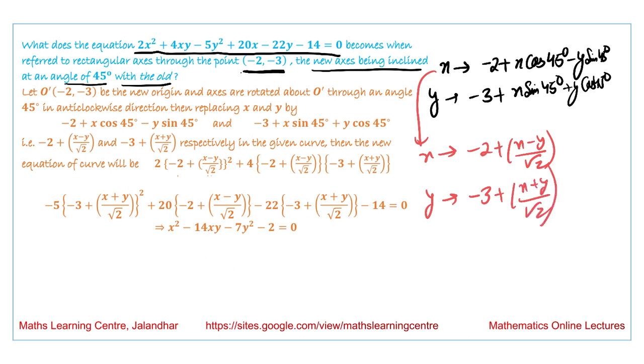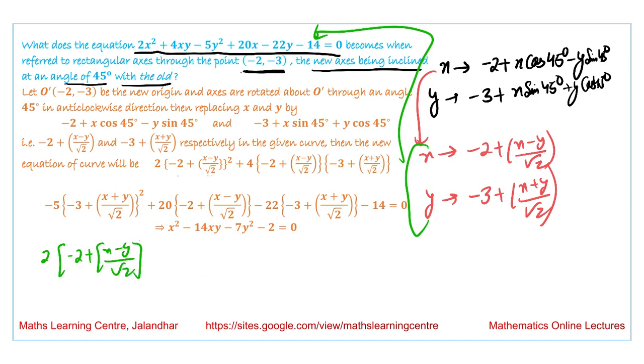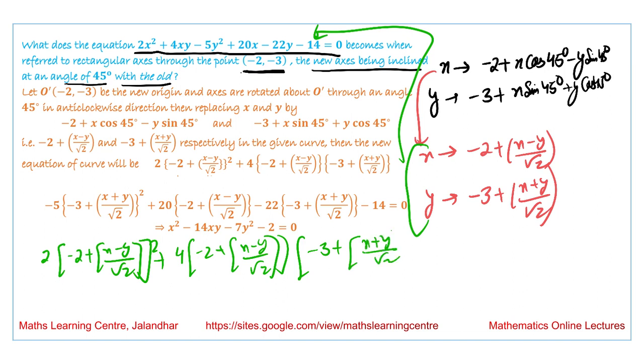If we make these transformations to the given equation, we will obtain 2 into (minus 2 plus (x minus y) by root 2) whole square, plus 4 into (minus 2 plus (x minus y) by root 2) into (minus 3 plus (x plus y) by root 2).